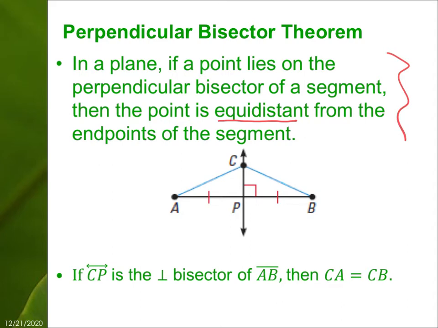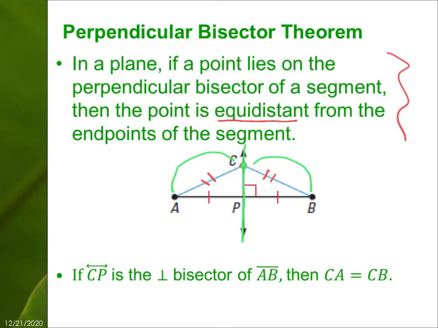If CP is the perpendicular bisector of AB, then that tells me that CA is going to be equal to CB, because point C is on this perpendicular bisector. There's a point on it, so then it's equally distant from this endpoint as it is from this endpoint. That's what this theorem states.